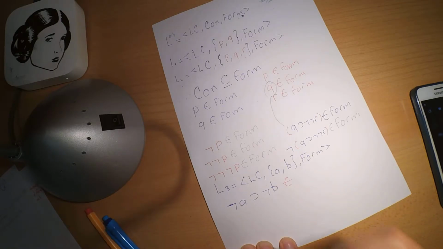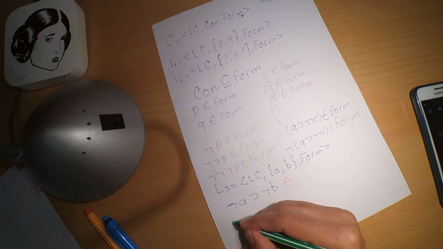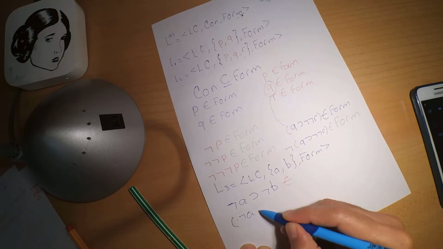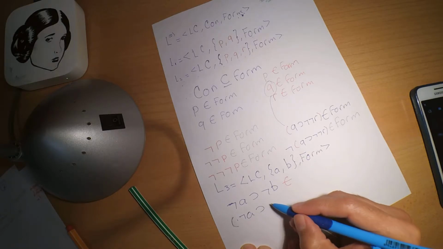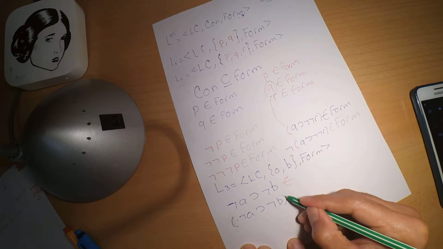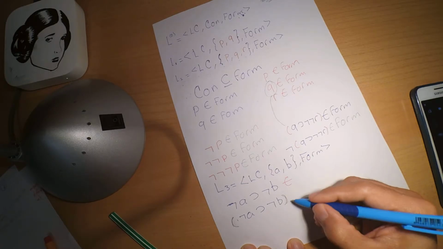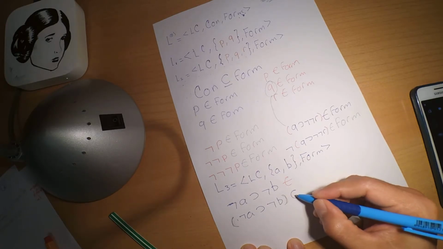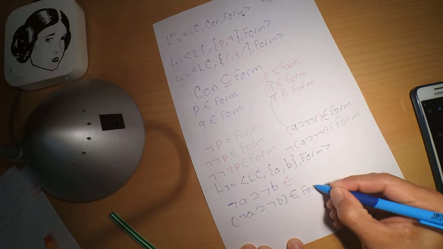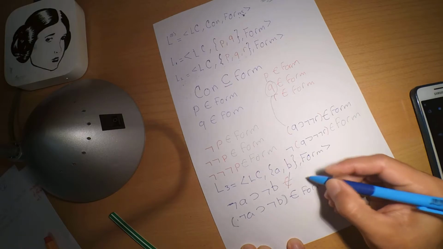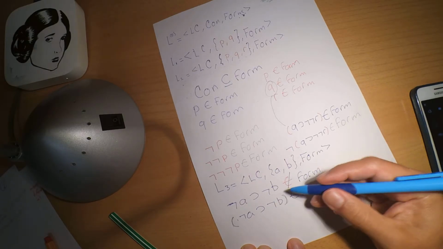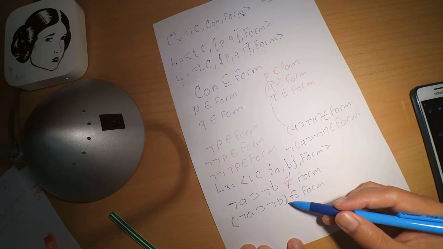If we write it in a different way, parentheses, then negation A implication negation B, and we close, this is part of the form. The first is not a formula, but this one is a formula.